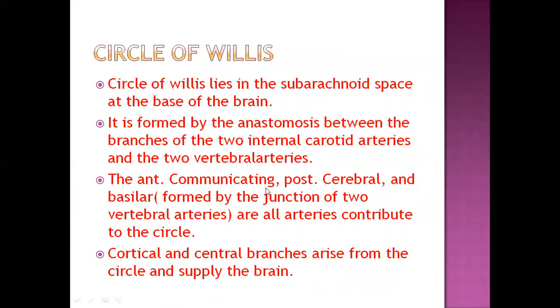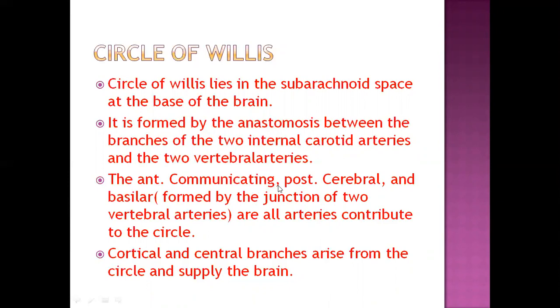The posterior communicating, which is the branch of the internal carotid, the posterior cerebral, which is the branch of the vertebral artery, and the basilar, formed by the junction of the two vertebral arteries, are all arteries that contribute to the circle. Here is the posterior communicating, because it joins the pair of internal carotid arteries to the vertebral arteries.